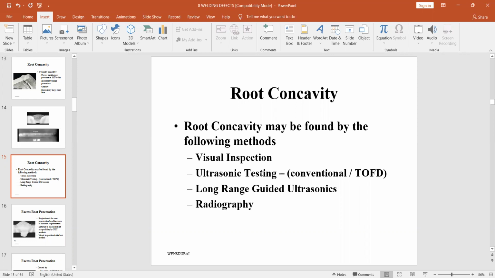And this you are going to learn in ultrasonic testing, how to detect root concavity, how to detect lack of penetration. So long range guided ultrasonic is basically used to check long piping. Suppose in a refinery, there are gas pipelines and also petroleum pipelines in India. So the pipeline has corrosion under insulation, right? It's not possible to remove insulation for inspection purposes. It's costly.